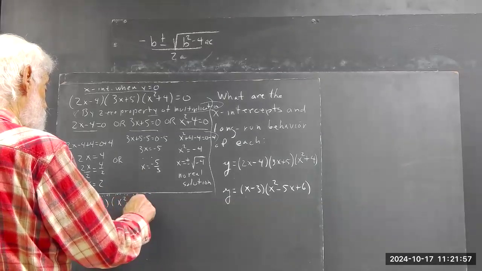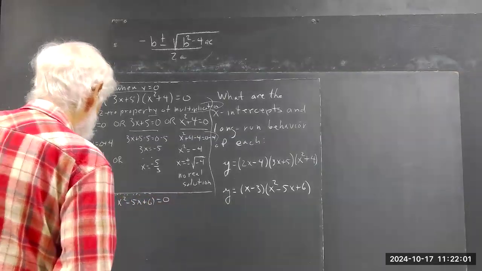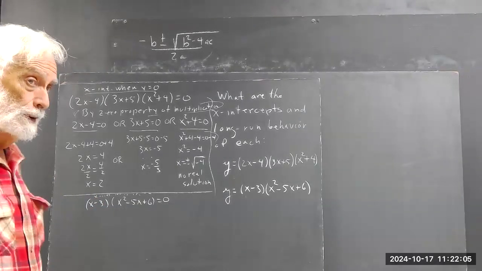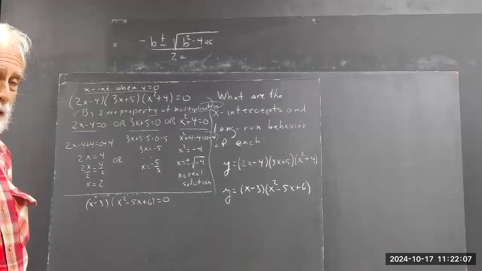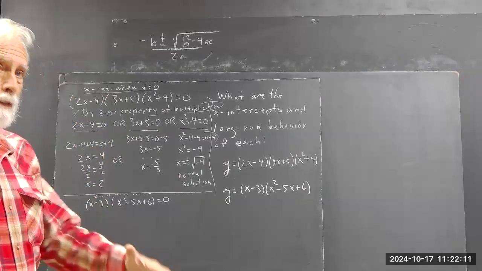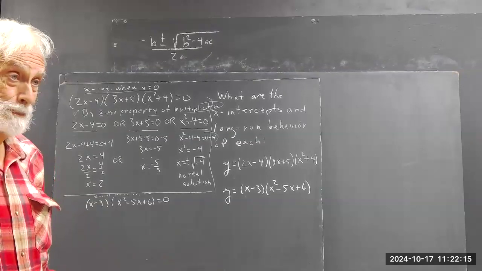X squared minus 5x plus 6 equals 0. And another benefit to doing this is if you make a mistake in the algebra or do something and you've set it up like this, I'm going to give you a lot more partial credit than I would if you just write down the wrong answer.